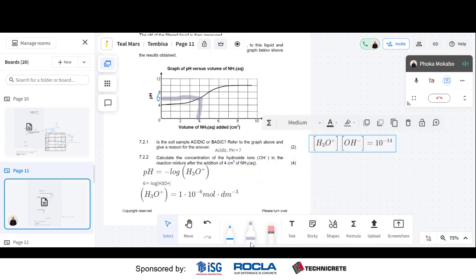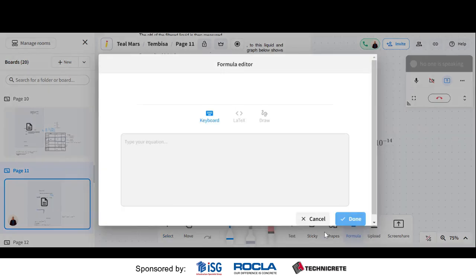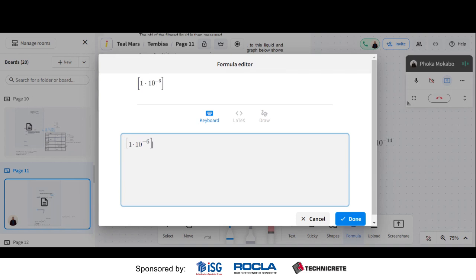So if I just move that to the side, what we now have is, well, that 1 times 10 to the negative 6 that we had is the concentration of H3O+, multiplied by the concentration of OH minus, the other thing that we're looking for, and this is all equal to 10 to the power negative 14.